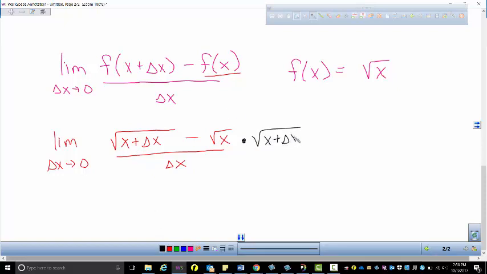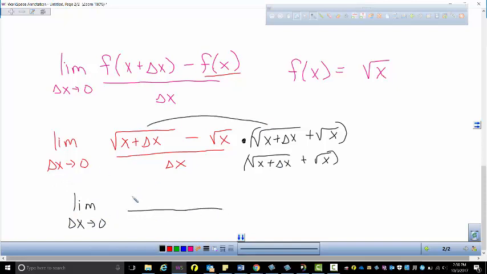So I get the square root of x plus delta x plus the square root of x, and then on the bottom I get the same thing. And now I'm going to multiply everything. And my numerator, when I multiply, I get x plus delta x minus x, all over delta x times the quantity of the square root of x plus delta x plus the square root of x.